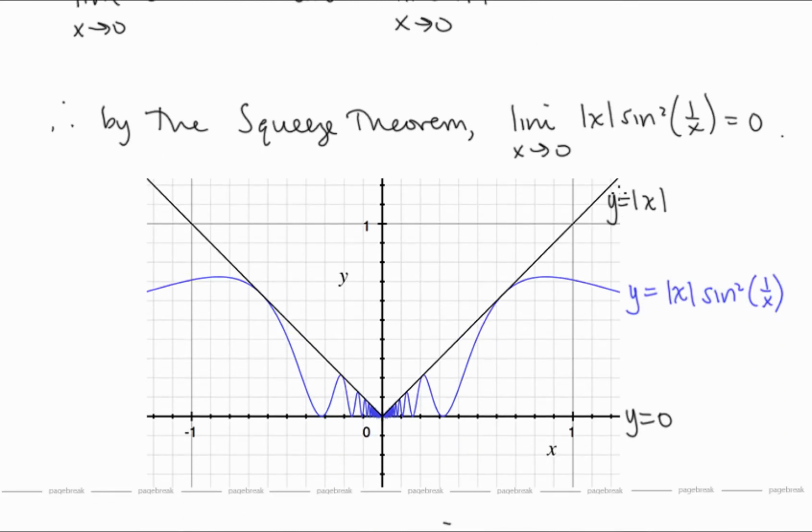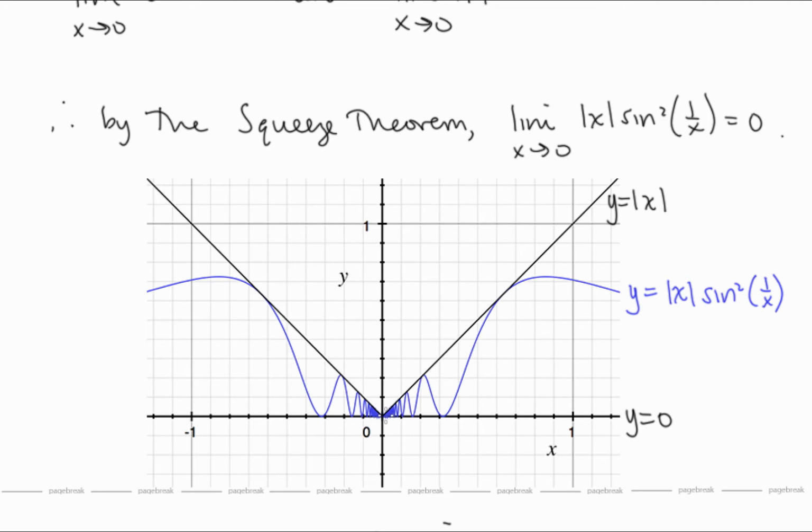And let's take a look at this graphically. Here are our bounding functions, y equals absolute value of x. This is our h of x in the Squeeze theorem. Y equals 0 is our f of x. And here's the limit we're trying to find, the limit of y equals absolute x sine squared 1 over x. We're trying to show that this limit is equal to 0 as x goes to 0.